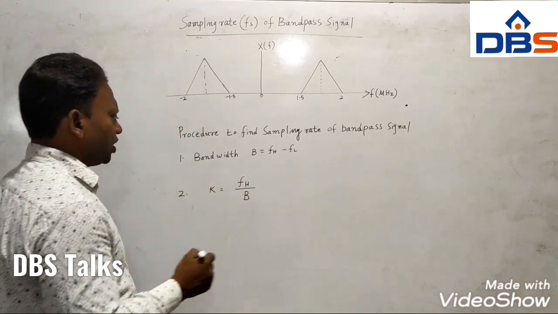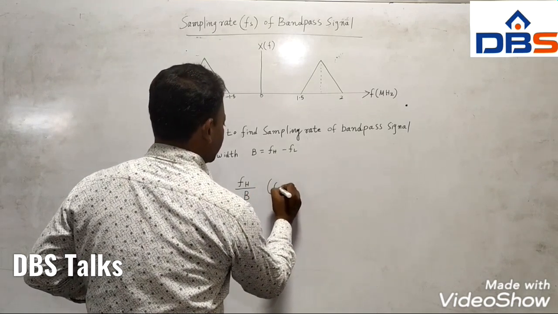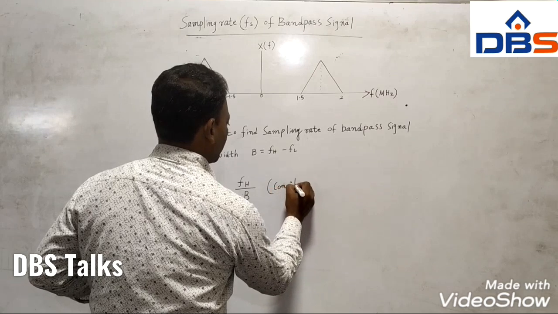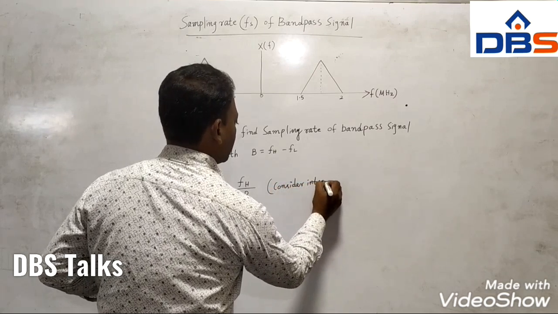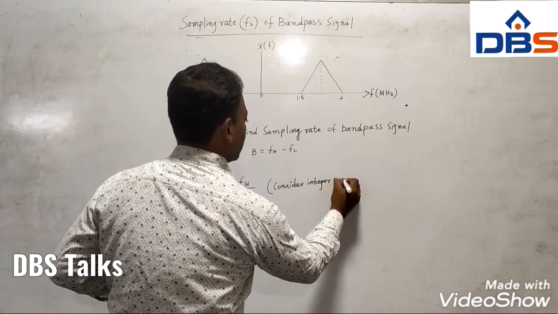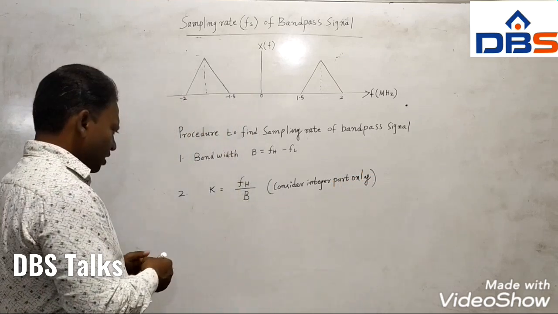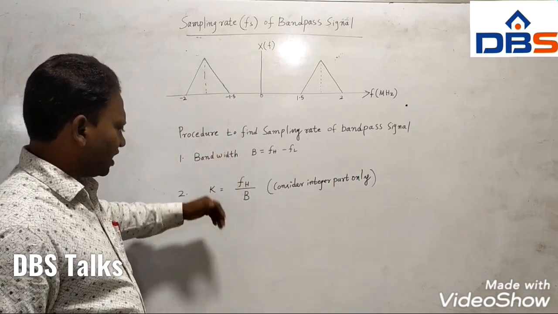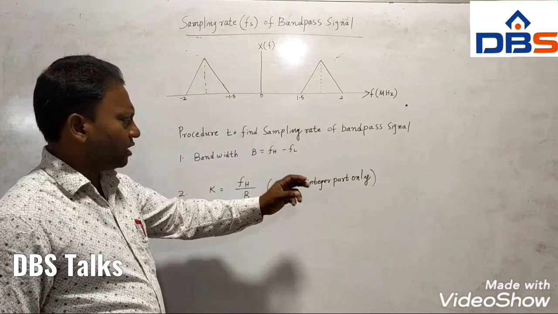K is an integer, so when you do this division, if you get a fraction, we consider only the integer part.